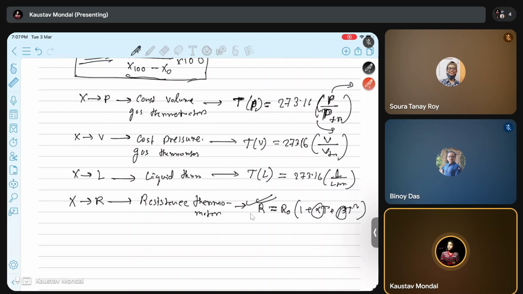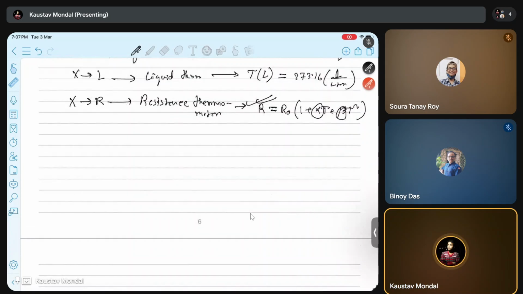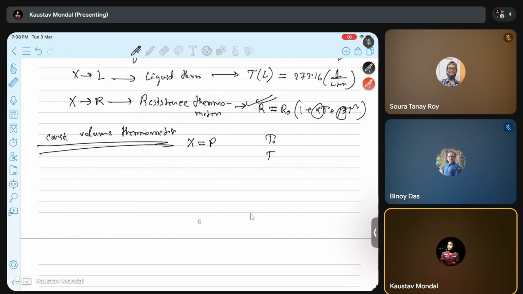So how are these expressions coming about? For a constant volume thermometer, constant volume means the thermometric quantity is basically the pressure. So it calculates the pressure at two different temperatures: one is the reference temperature T0, and another one is T0 plus 100.